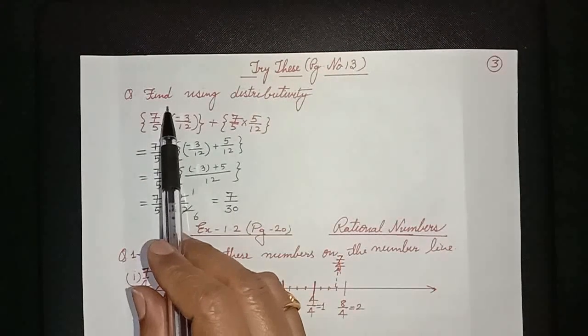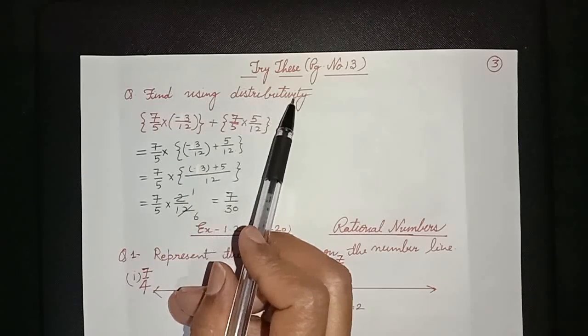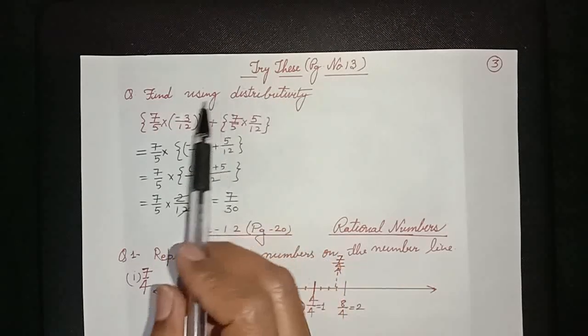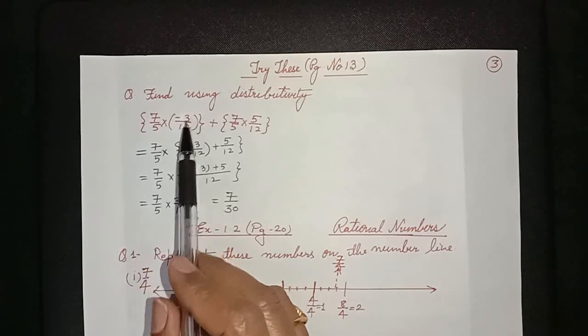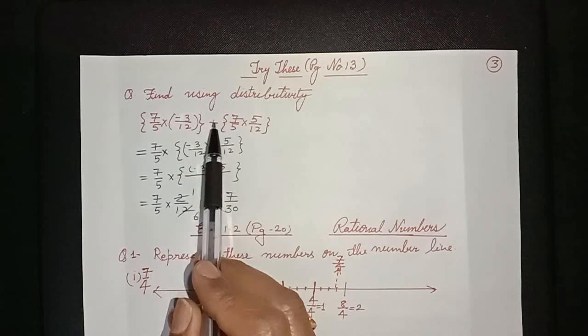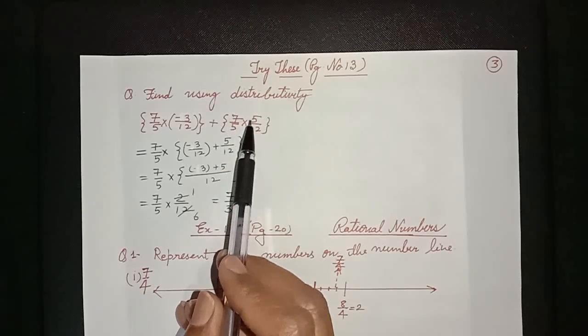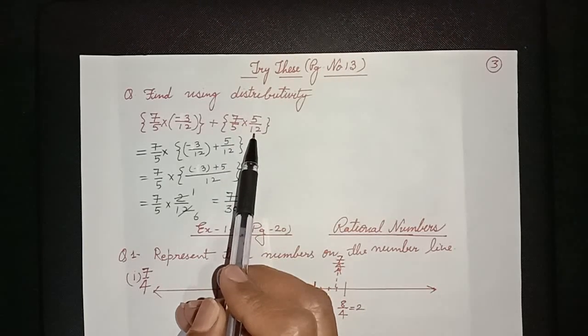The question is: find using distributivity, 7 upon 5 into minus 3 upon 12 plus 7 upon 5 into 5 upon 12.